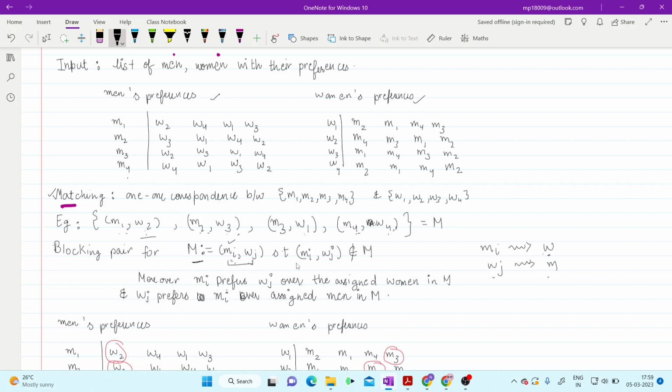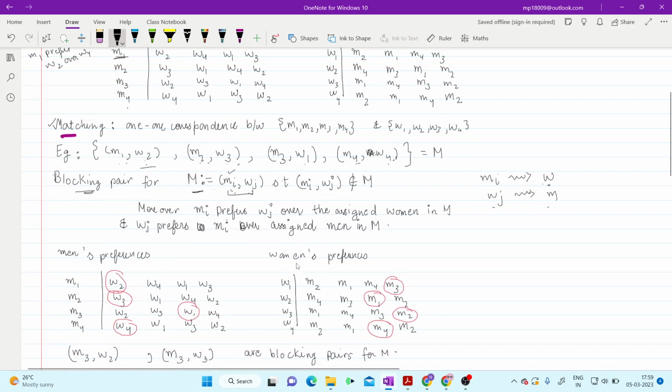So in this case, we can say that m1 prefers w2 over w4, because in the list of m1, w2 appears first. So whichever woman appears first in the list is preferred more. This is what we call a blocking pair.